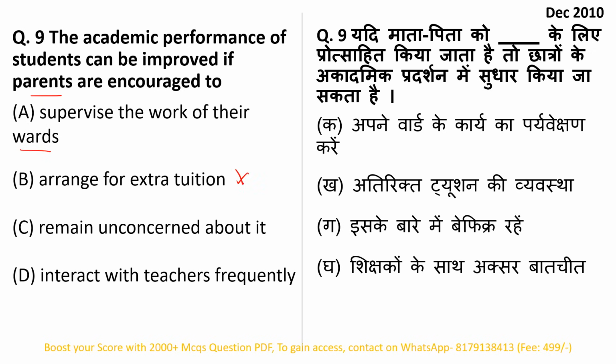No, this is not right. Remain unconcerned. This is also not true. A parent should always be concerned about their children. Interact with teacher frequently. So this is also not a very appropriate answer. The right answer is option A. The parents should know what the students are doing, or they should also find out ways in which they can help the student.